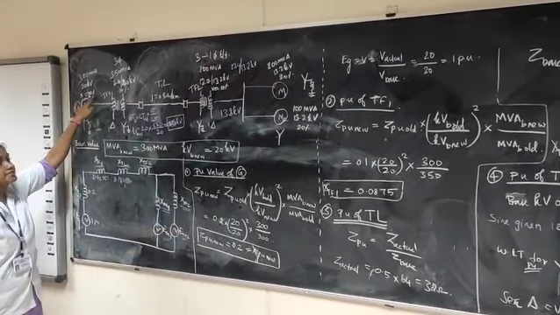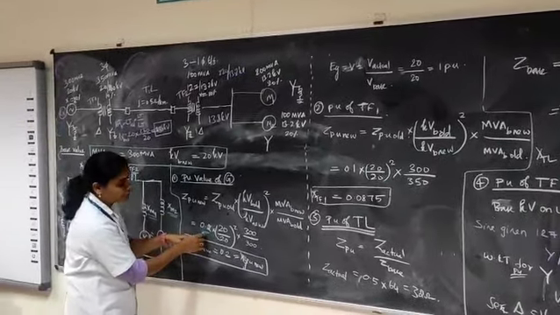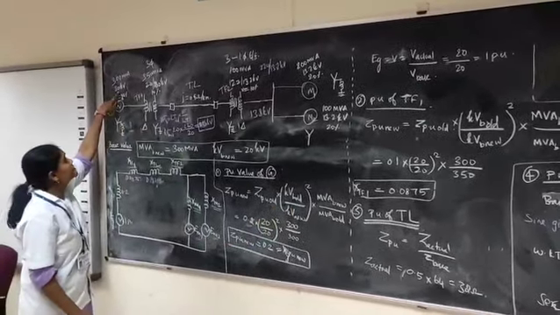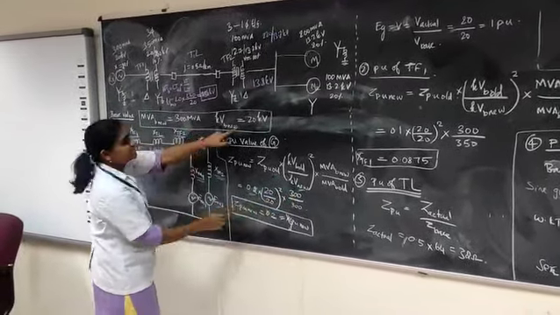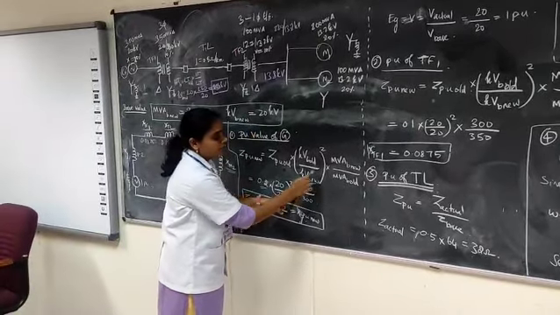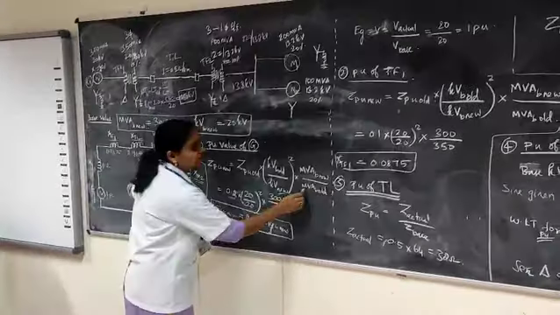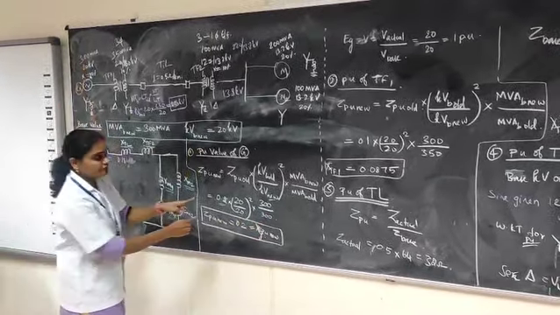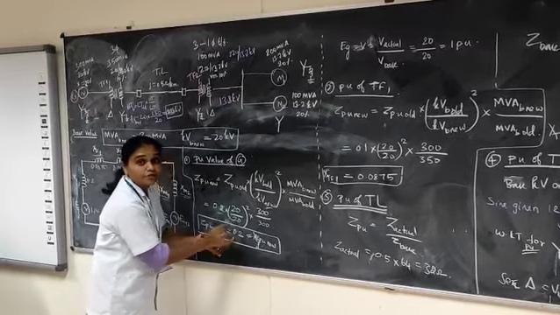X is 20%, so I write it as 0.2 into kVB old, which is given in the question as 20 kV, divided by kVB new, the new value given as base, 20. MVAB new is 300 MVA and MVAB old is already given as 300 MVA. If you substitute these, we have Z per unit equal to 0.2.